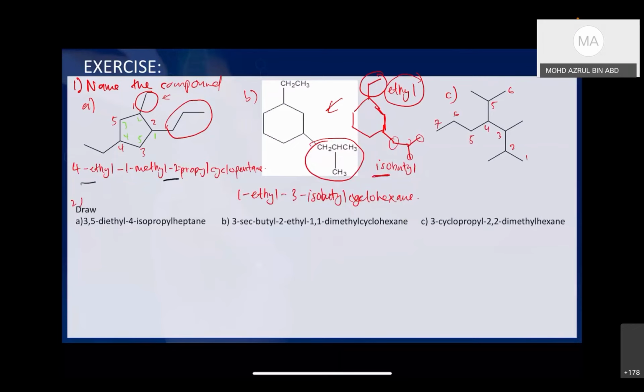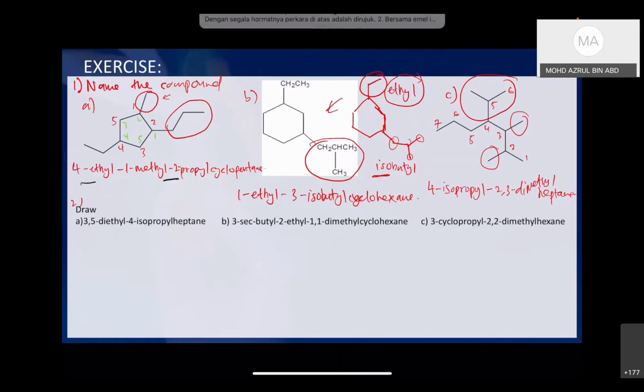So this one is heptane, and then the lowest numbers, with methyl on one and isopropyl on the other. So we can name it as 4 isopropyl 2,3 dimethyl heptane. So this is the name of this compound.